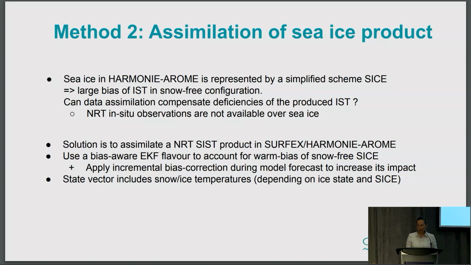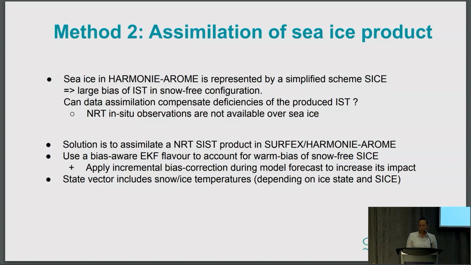So he was wondering if data assimilation could compensate for these deficiencies. And obviously, over sea ice, we don't have any near real-time in situ observation available for his experiment. So the solution he suggests was to assimilate this near real-time sea ice product.